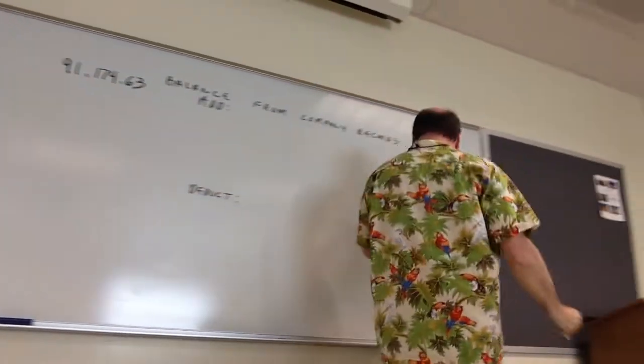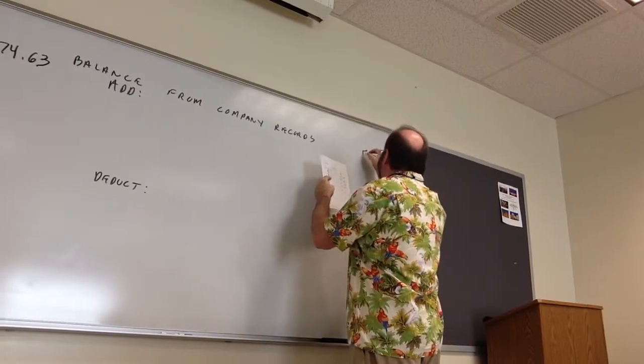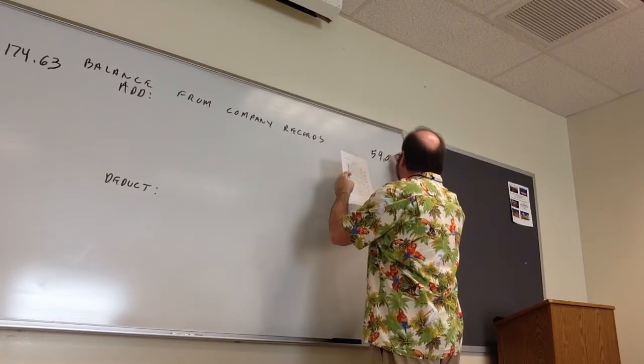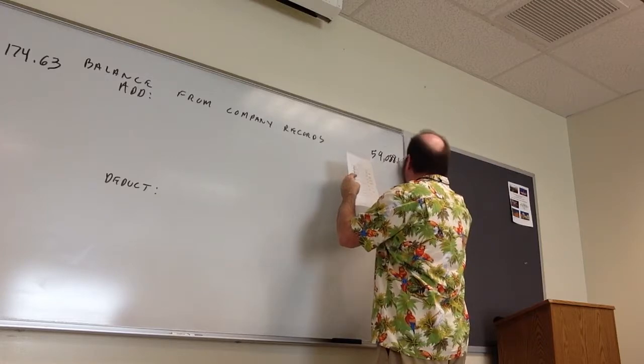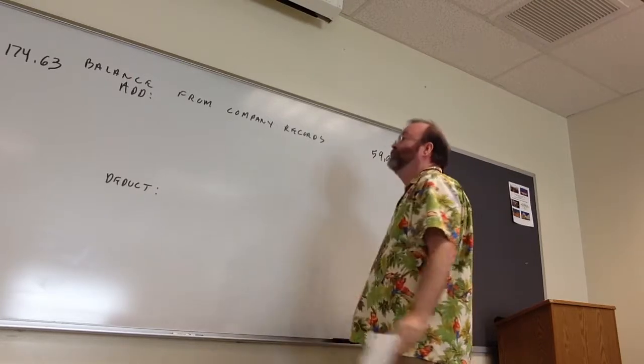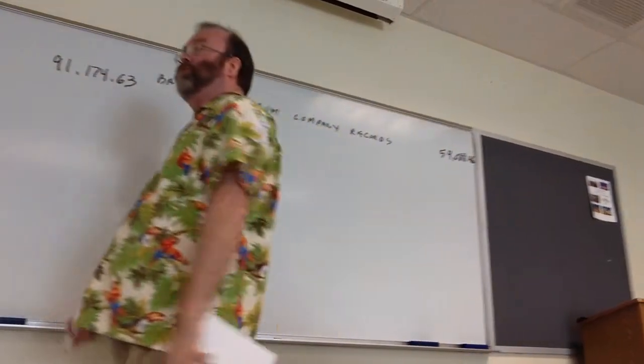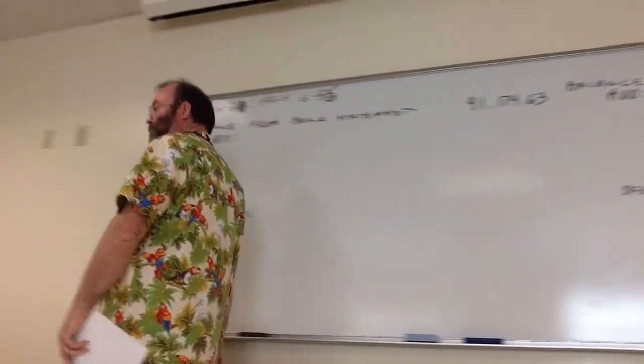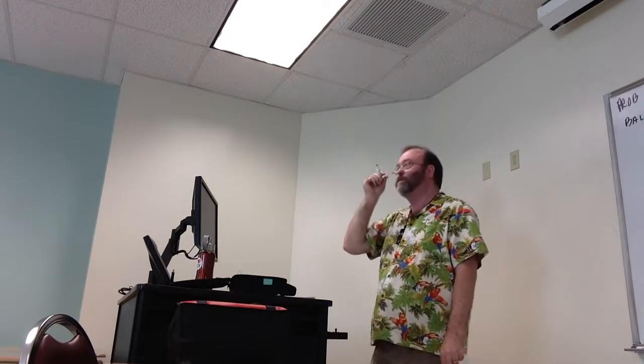But on the company's books, you only had $59,088.46. Huge difference. And then there's 14 items needed for reconciliation.